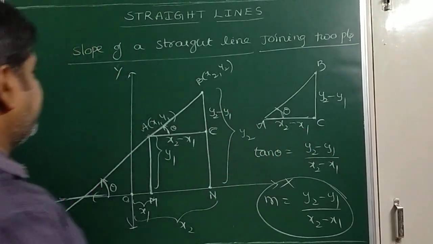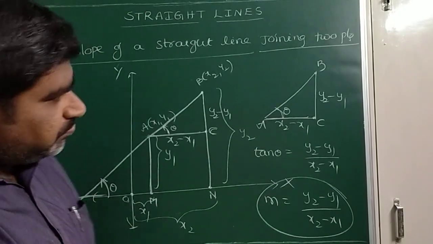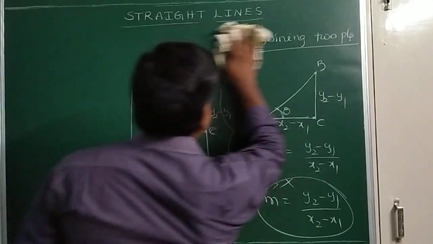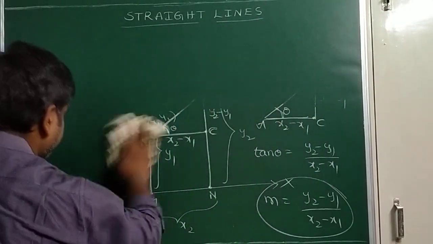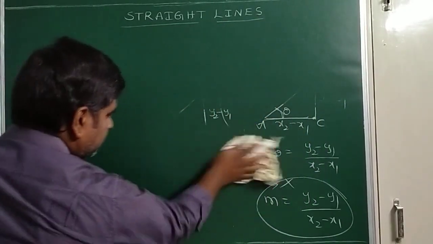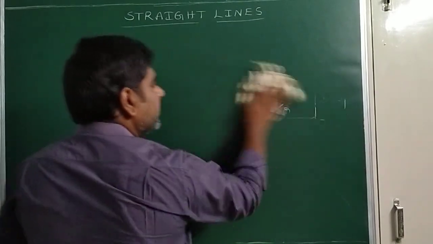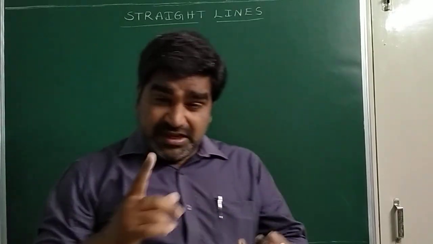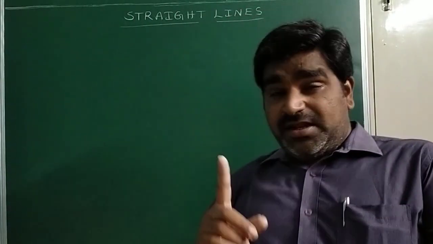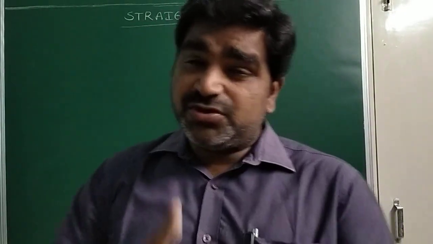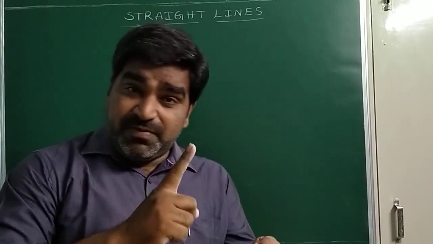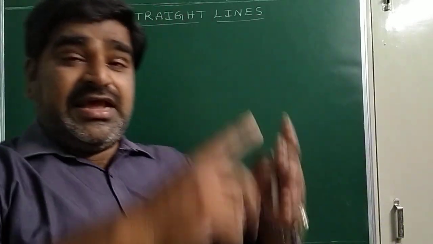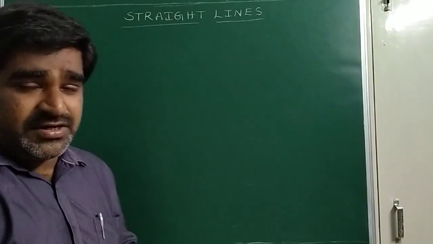Let's go to the next concept. So far we have learned about inclination, the slope of a line segment, the slope of a straight line, the slope of the x-axis, the slope of the y-axis, the slopes of lines parallel to the x-axis and y-axis, and the slope of a straight line joining two points.